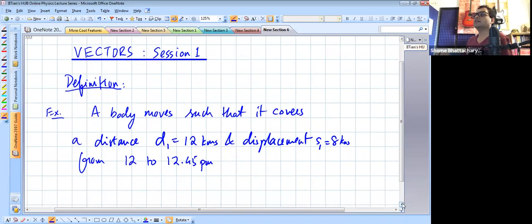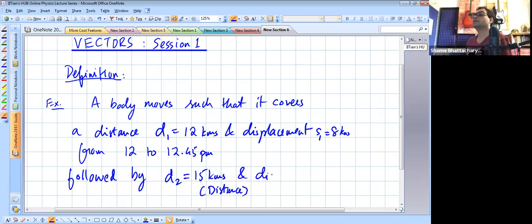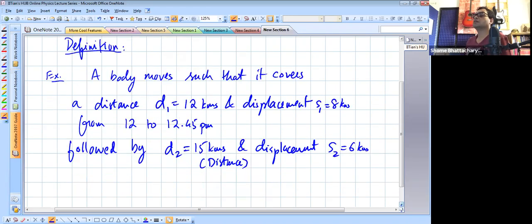And then again, followed by distance d2 of, let us say, 15 kilometers, and displacement s2 of, let us say, 6 kilometers, from 12:45 to 2 p.m.